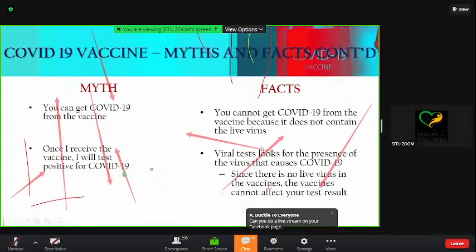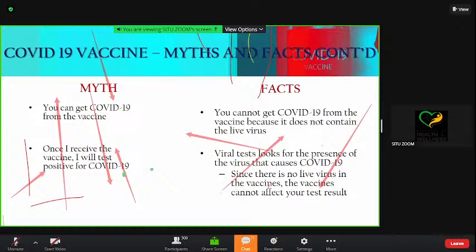The COVID-19 can give you... this other myth that says once I get it, I will test positive.